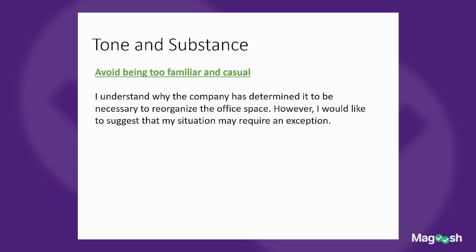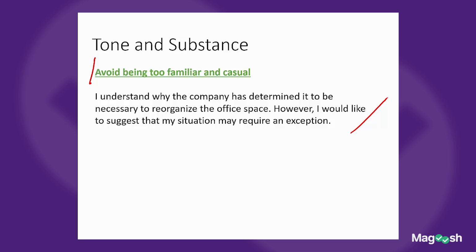All right, so we had our tip about formal letters that we need to avoid being too familiar and casual. So let's take a look at this sample response down below. It says, I understand why the company has determined it to be necessary to reorganize the office space. However, I would like to suggest that my situation may require an exception. Notice how this response is not casual or familiar at all.